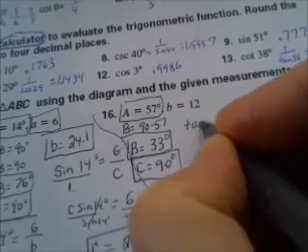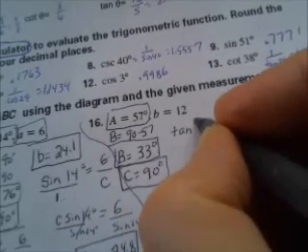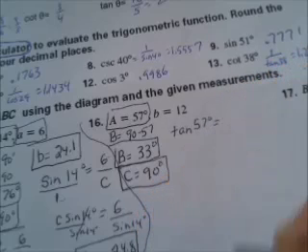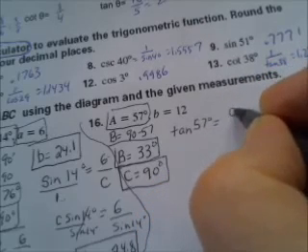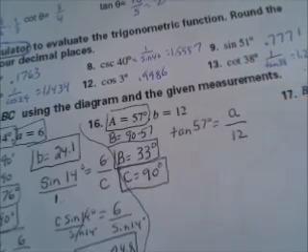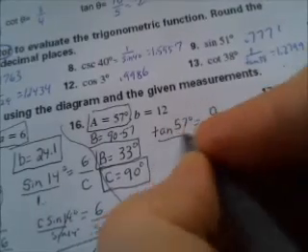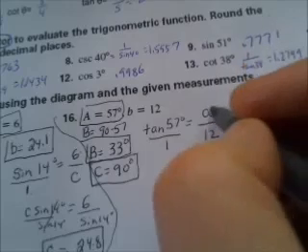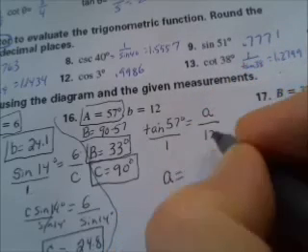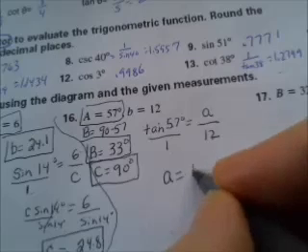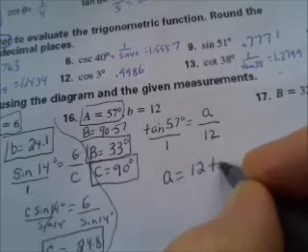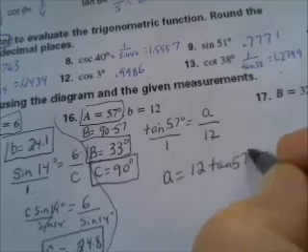So we'll say the tangent of angle A, which is 57 degrees, is equal to the opposite side, A, over the adjacent side, which is 12. Put a 1 underneath the tangent and cross multiply. A times 1 is A. 12 times the tan of 57 is 12 tan of 57.